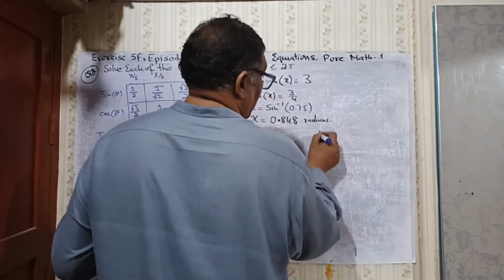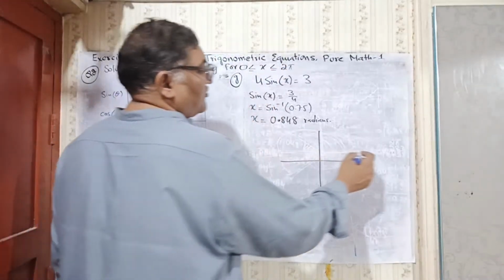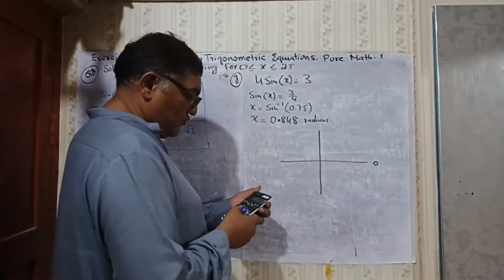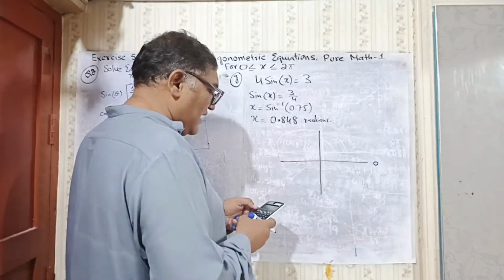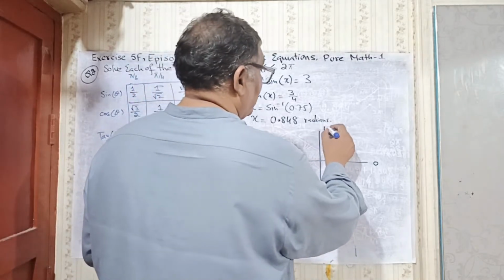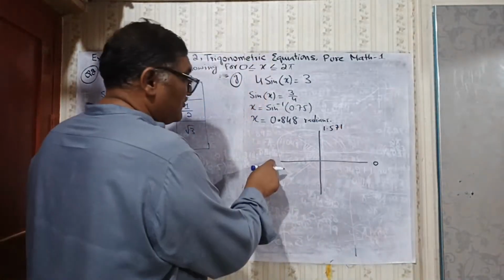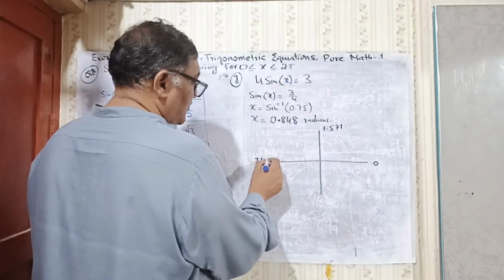Now I will draw my grid here. This is 0. Pi by 2 is 1.571. This is pi, 3.142 radians.